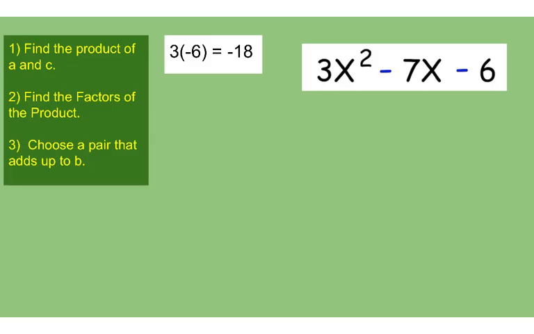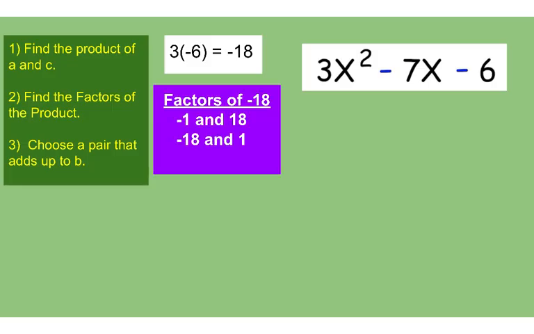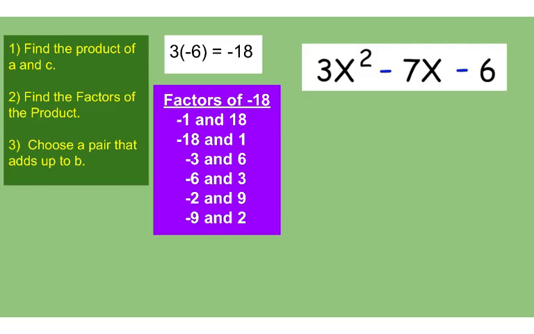Then step 2 tells us to find the factors of negative 18, and we need to know which one of these is going to add up to b, or negative 7. Looking at our list, I think we're looking at the last one, negative 9 and 2, because negative 9 plus 2 is going to equal negative 7, and that's exactly what we're looking for.